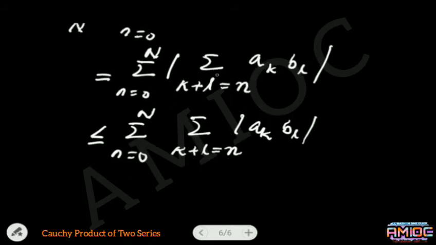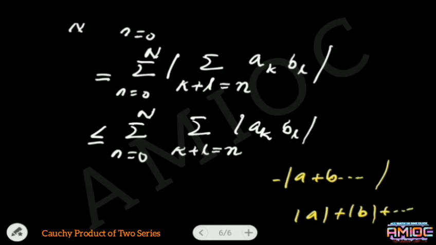Here we have summation k plus l equal to n of ak bl, taking modulus. That means inside the modulus there are some numbers, and here, inside the modulus, a single number, and then taking the sum. That means mod a, mod b, here some mod a plus b. This is in this format and this is in this format. From this to this we can go by the triangle inequality.